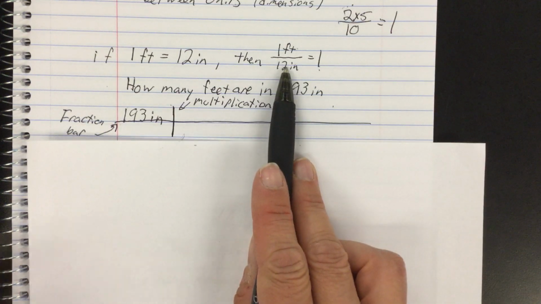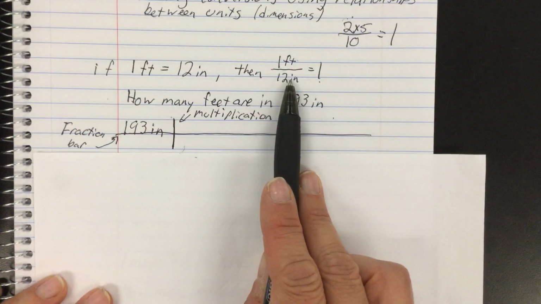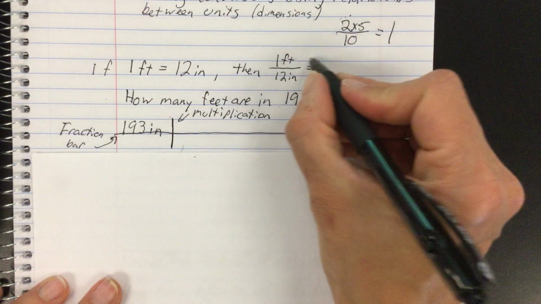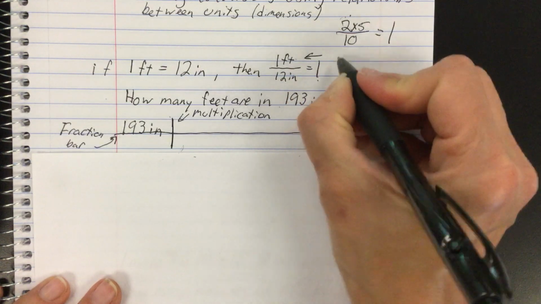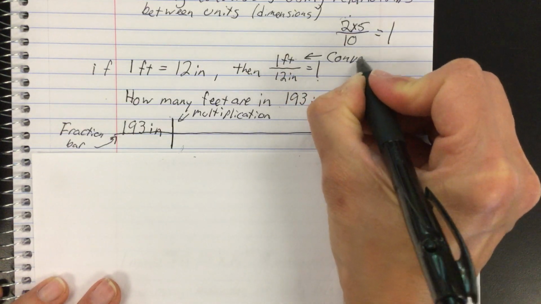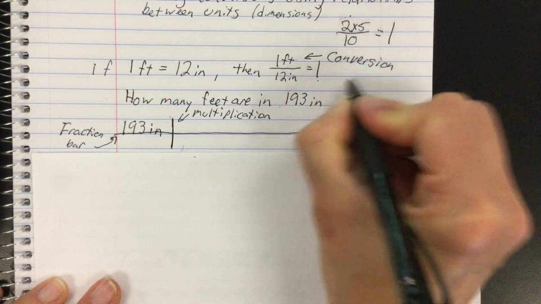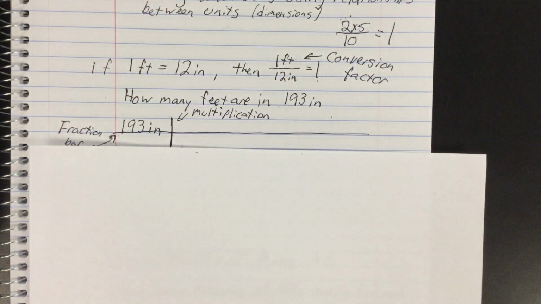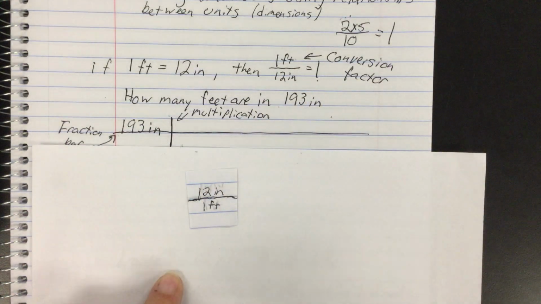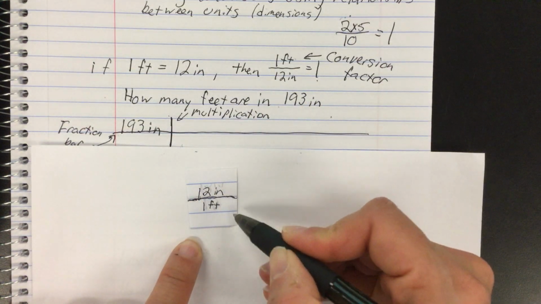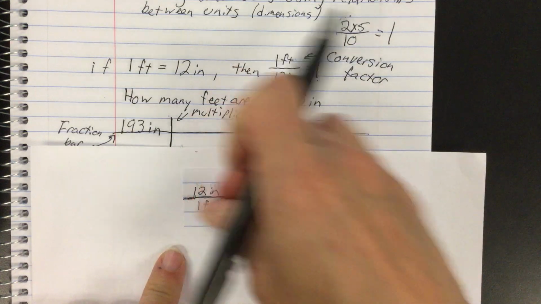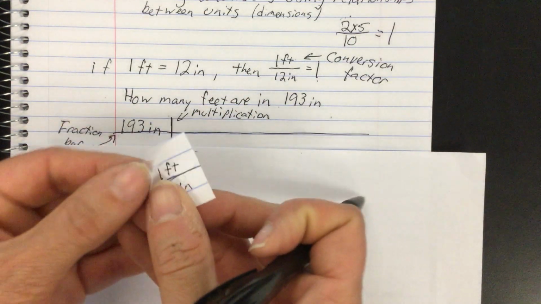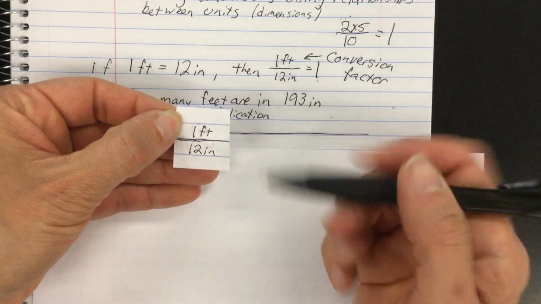Then I'm going to take what I call a conversion factor. That's this fraction up here that's made out of 2 equal parts that equal 1. This whole thing is our conversion factor. Now I know that 1 foot equals 12 inches.